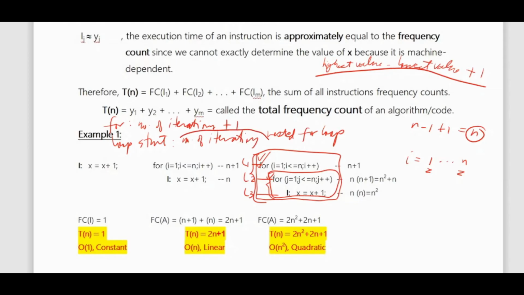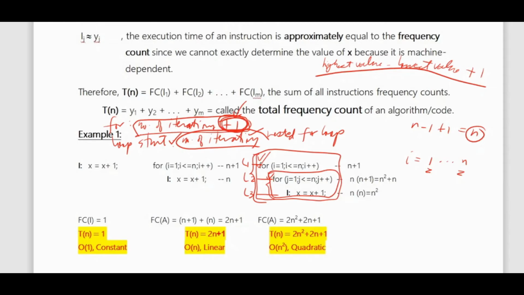There is a plus 1 for the heading because this is the time when you go back to the for loop heading to increment the loop variable, and when you check the condition, it is found to be false. Since that is false, the loop statements in the body are no longer executed, but the for loop heading is executed plus 1 times. So there's always one more execution for the for loop heading compared to the loop statement.